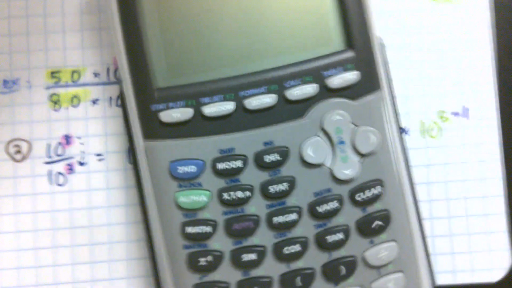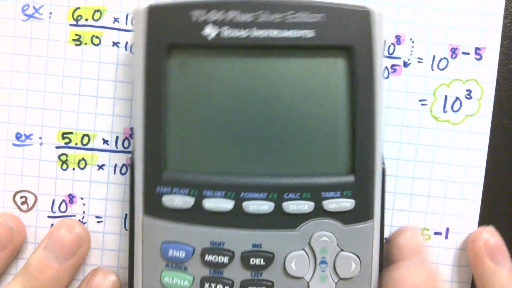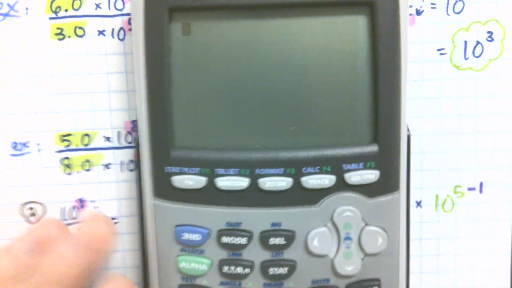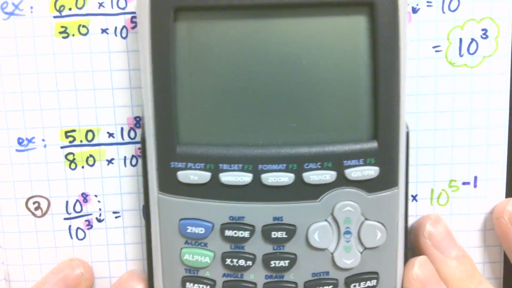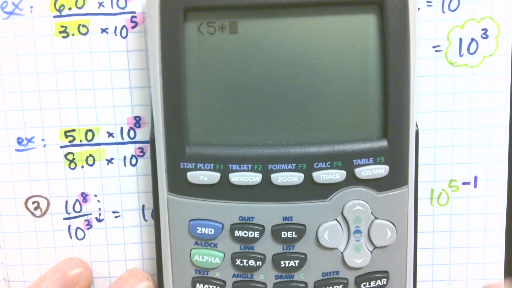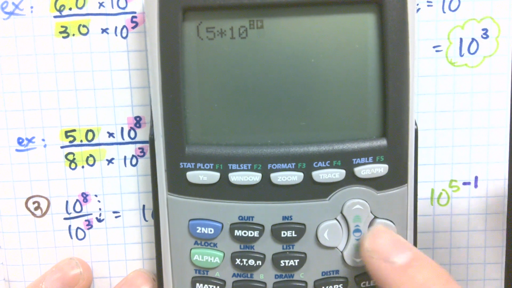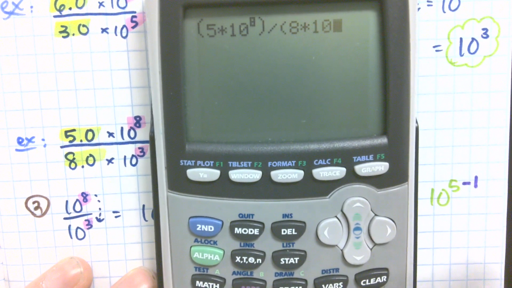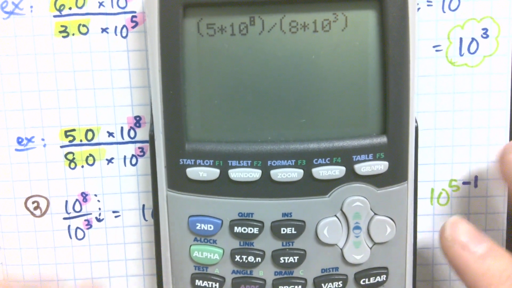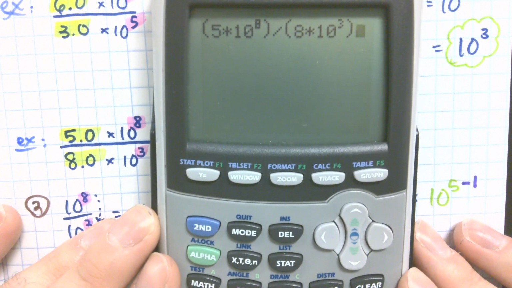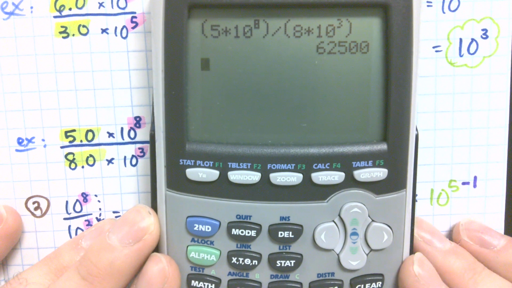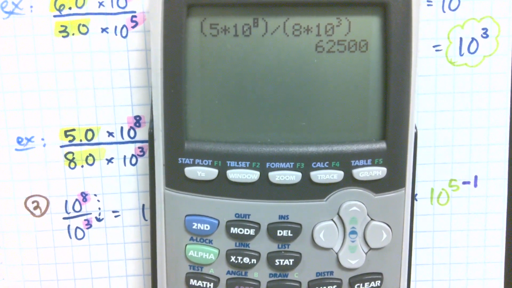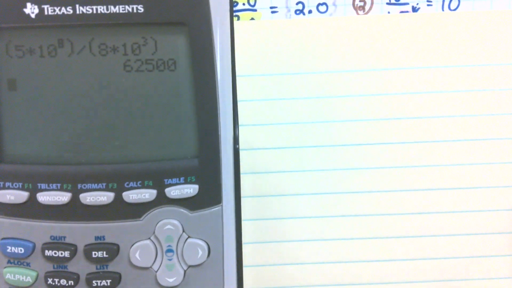Okay. So let's take a look at what would happen if we plug this into a calculator that can handle this kind of thing. If we have 5 times 10 to the power of 8 divided by 8 times 10 to the power of 3 and hit enter, that's what we get. 62,500.